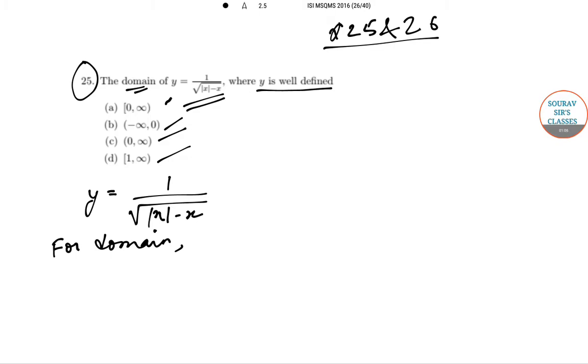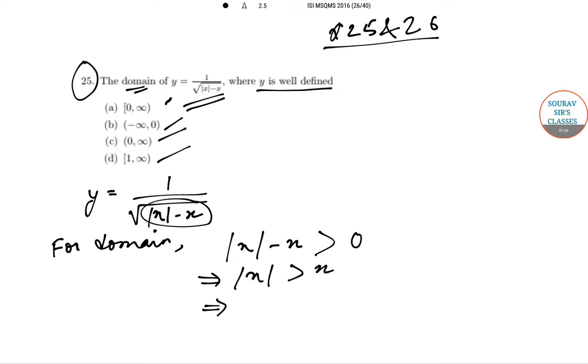the denominator, if there is a square root over any term inside, then that term has to be positive. So in this case, for domain, mod of x minus x must be greater than 0. So that implies that mod of x is greater than x.